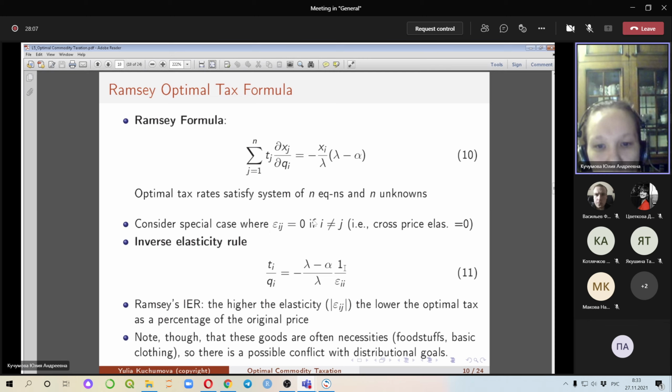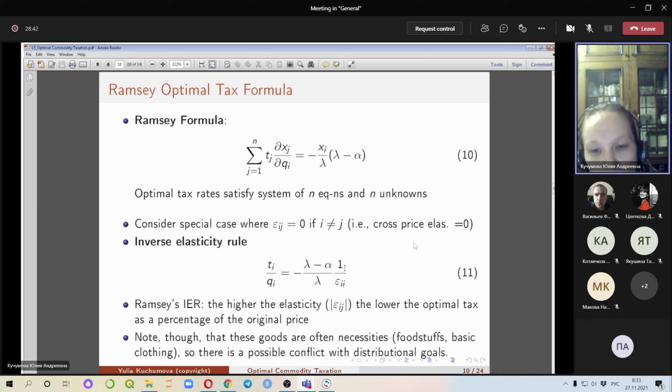And all other terms will be equal to 0. And then from that formula we can obtain formula 11, which is called the inverse elasticity rule, and it can be written as Ti divided by Qi equal to minus lambda minus alpha divided by lambda divided by epsilon ii. So what is critical here is Ti is inversely proportional to the elasticity epsilon ii.